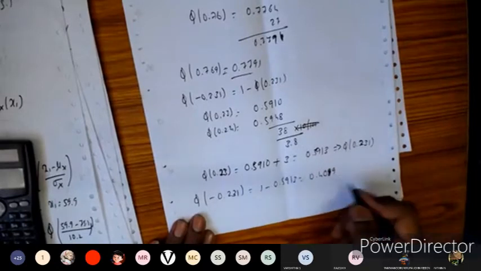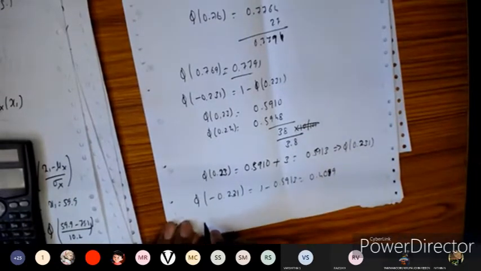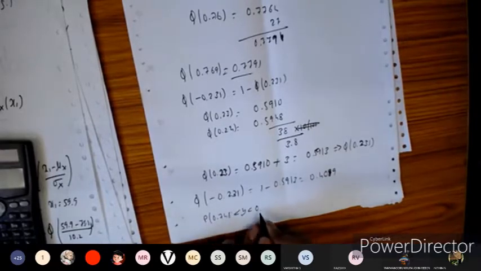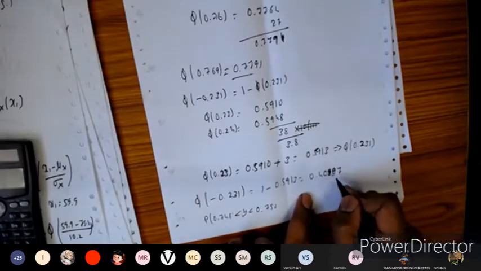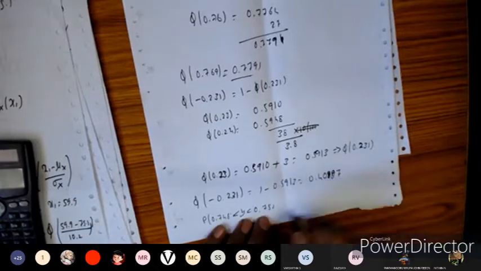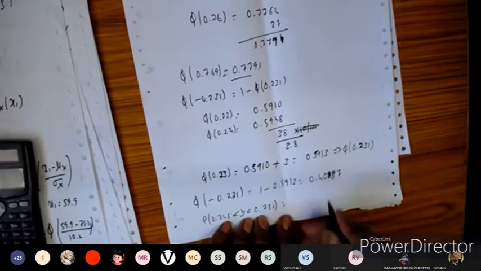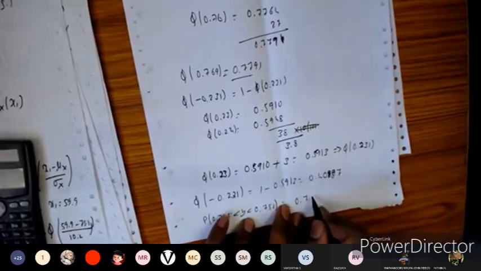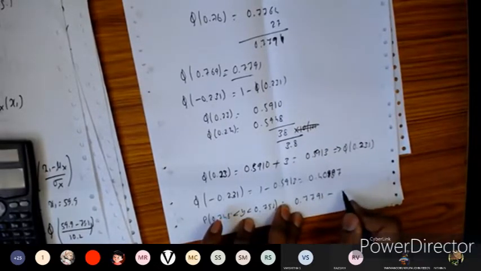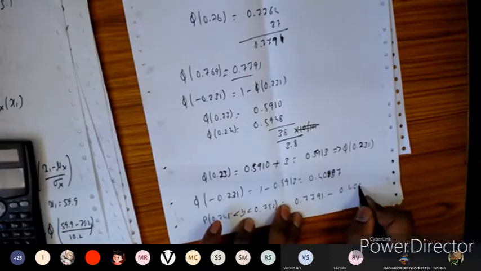So let us find out the probability here. The probability that 0.748 is less than y less than 0.4087. Okay, now correct. So this one you can take as 0.7791 minus 0.4087.